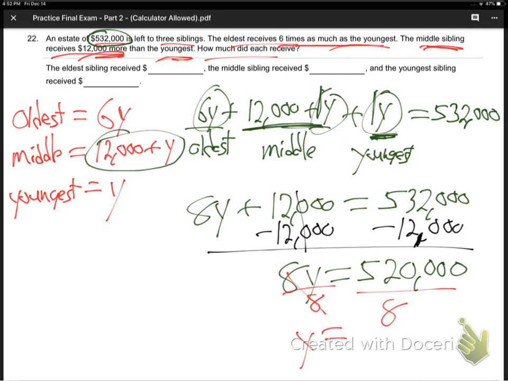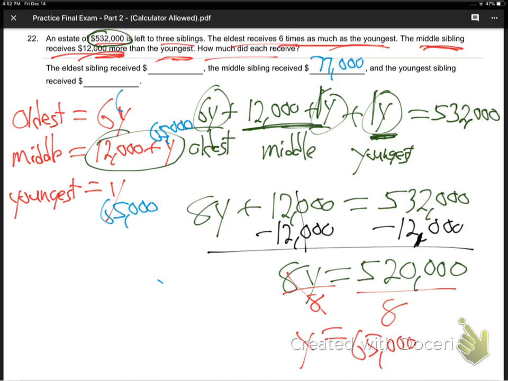And last step to get y alone, divide by 8. y equals, let me get my calculator. I'm getting 65,000. So that's the youngest. So we just go back now and plug those in, don't we? So the youngest, it's 65,000. The middle is 12 plus 65, and that would be 77,000.